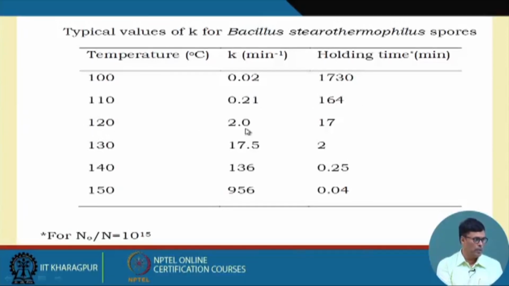At 120 degree centigrade, the Kd value is 2, and the sterilization time is reduced to 17 minutes. At 130 degree centigrade, it is 17.5, and the sterilization time is 2 minutes. At 140 degree centigrade, the Kd value is 136, and the holding time is 0.25.